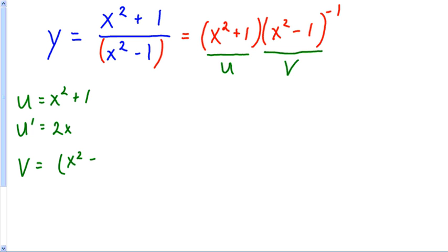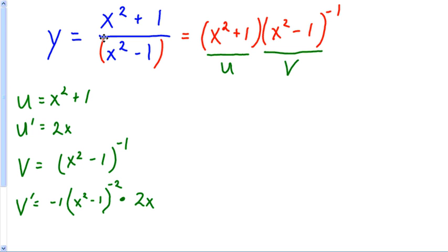Now, v: look at what we've got, x squared minus 1 to the negative 1. That means this problem is a chain rule question now. If I want to take this derivative, I need to multiply by negative 1, so it'd be negative 1 times x squared minus 1. Now I'm going to subtract 1 from the exponent, so that gives me negative 2. Then I multiply by the derivative of its guts, the derivative of the inside, and the inside of this is 2x.